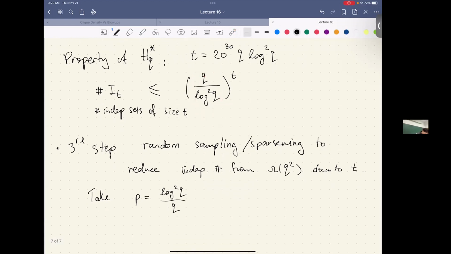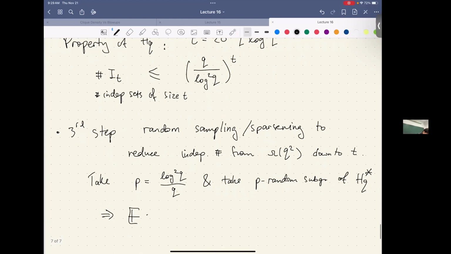Then take a P random subgraph of HQ star, meaning every vertex is chosen with probability P independently of the others. Look at the induced subgraph.